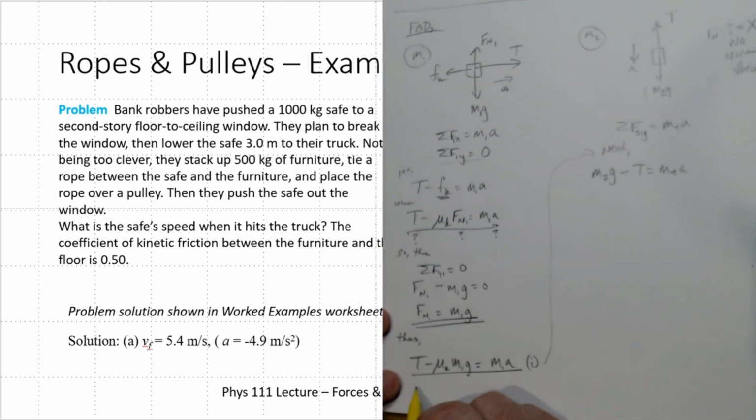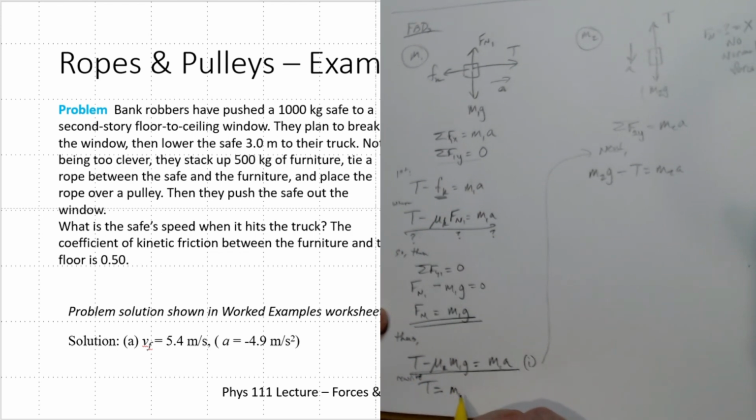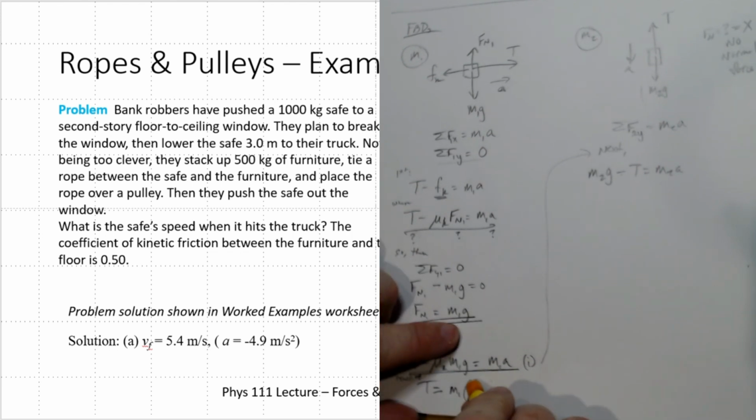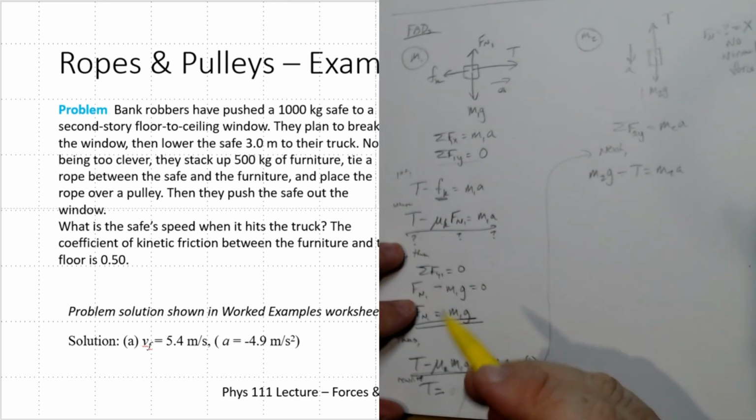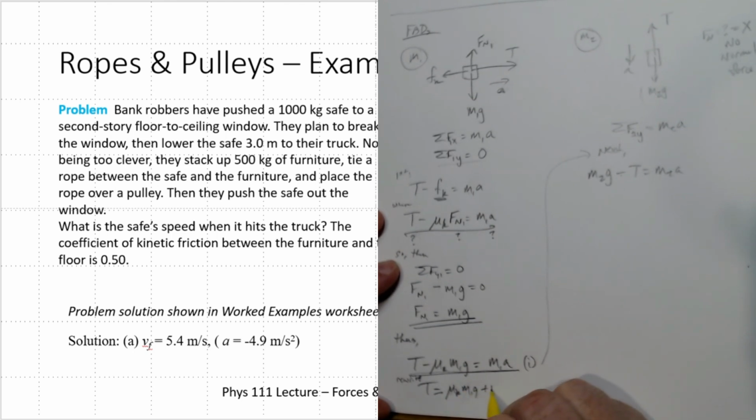You can see that this is T minus mu k m1g equals m1a. Rewrite this as T equals, no, we don't want to combine those. T equals mu k m1g plus m1a.